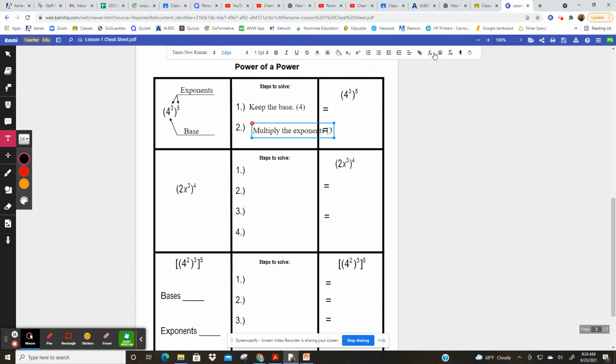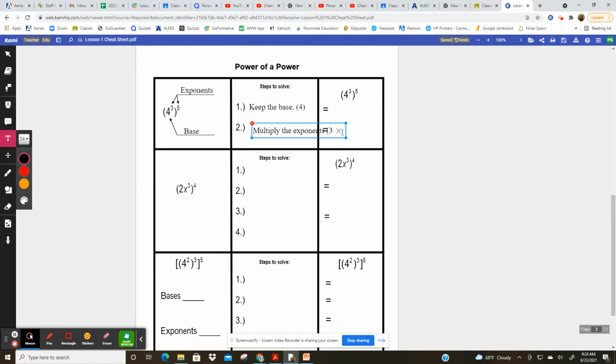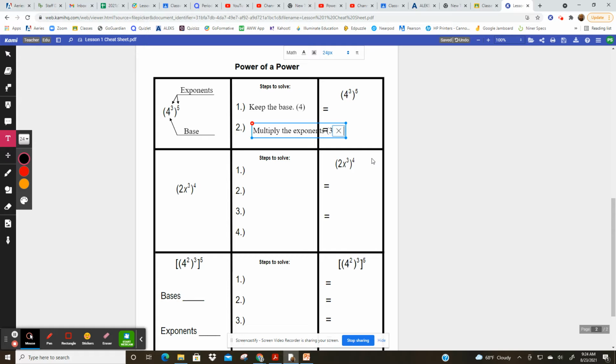So I'm going to put the little times by using that. Hey, I don't want that thing there. Oh, I see what happened. I just want the times. So I'm going to right arrow out of it and then put my 5. Otherwise, it's going to be kind of weird.